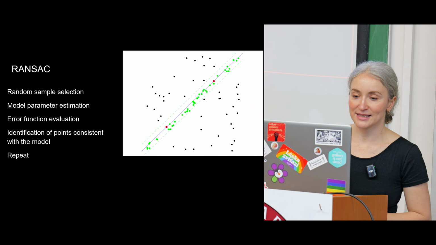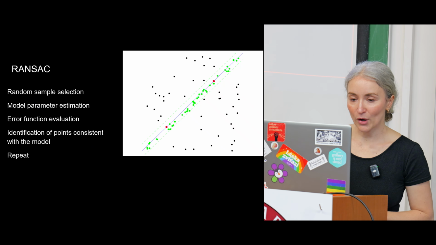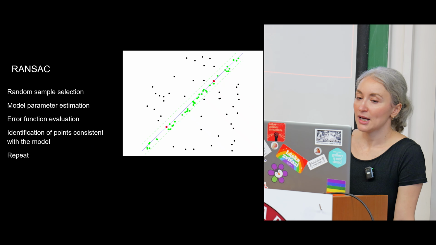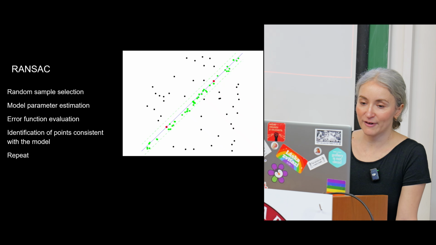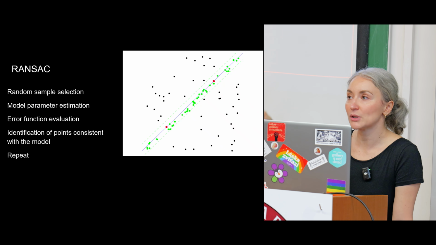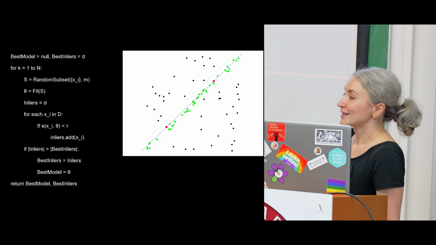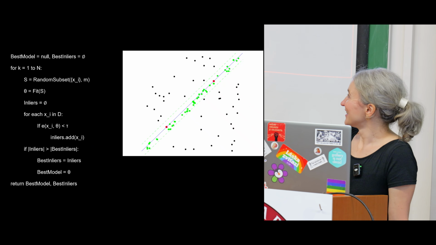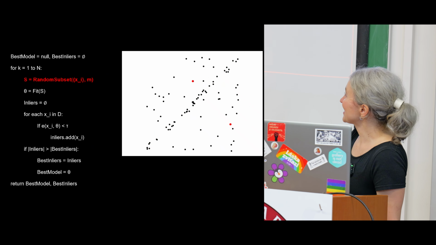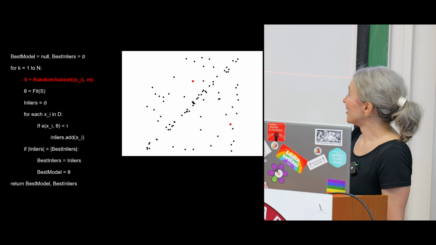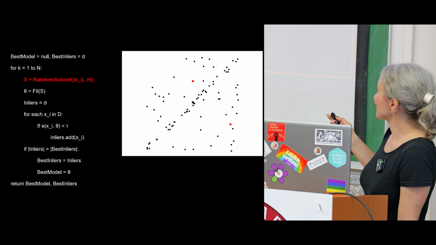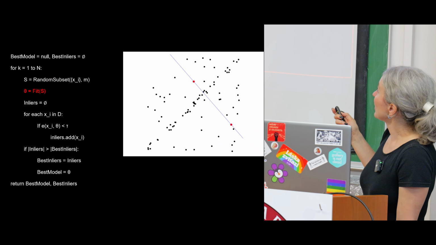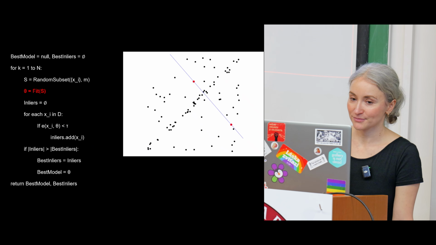We will randomly sample these points. Then we will estimate the parameters of the model. We will evaluate the error function. Then we will identify points consistent with our model, and we will iterate through this. Some of us are from computer science, so let's see the algorithm itself and go through it. First we need to randomly pick some samples. In this case, our model just needs 2 samples, so we have 2 points. Then we will fit our model, in this case, just a line.